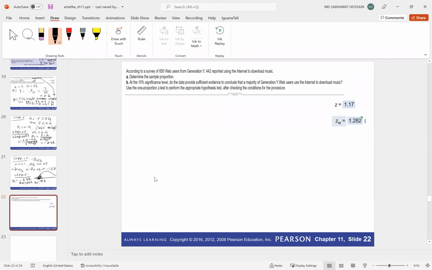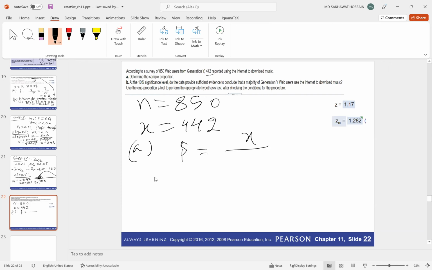Here the sample size is 850 and x is 442, because we are interested in how many are using the internet to download music. Part A, determine the sample proportion. We need to calculate p hat, which is x over n. So that's 442 over 850.